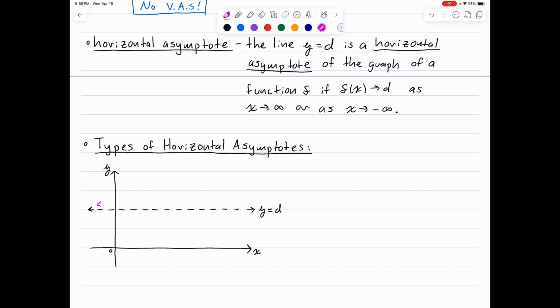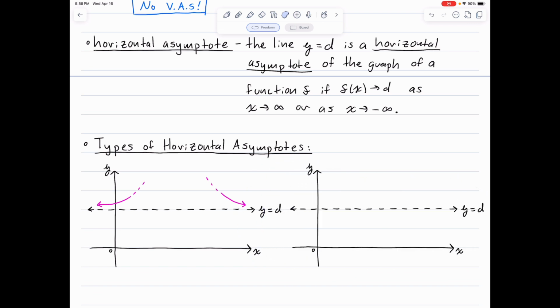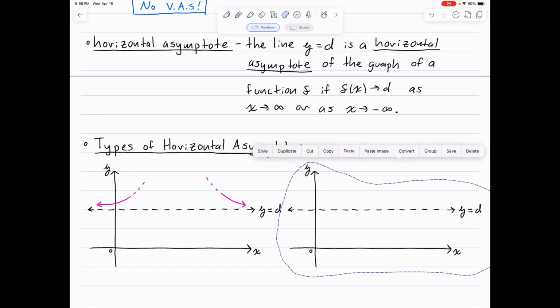So it might look something like this, but we don't know what happens in the middle at all, but we do know it goes on forever.